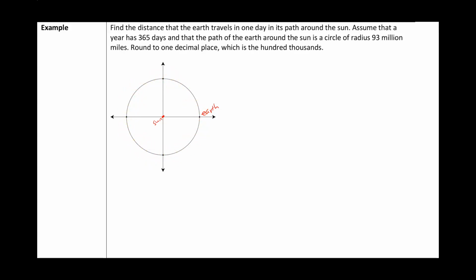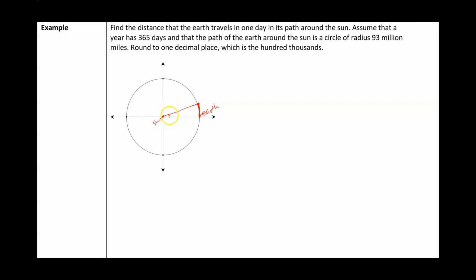The question is, how far does the Earth travel in one day? So in 365 days, it travels that entire distance. If this represents one day, and I know that's more than one day, but for demonstration purposes, we want to know the length of this path, where this angle represents one day.